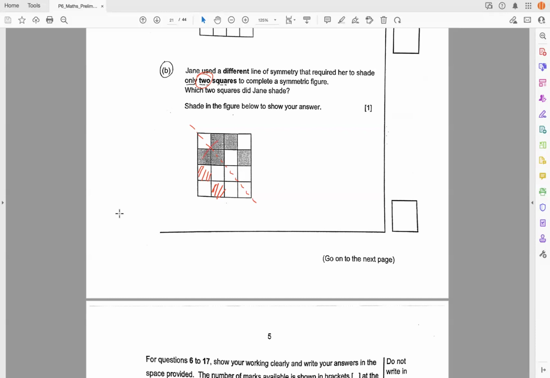The way I check is like that. You draw a perpendicular line to the line of symmetry, you can check. There must be opposite shaded squares across the dotted symmetry line. So this is how I check. Sometimes your eyes can fool you. After you shade, you think it's symmetry, but it's actually not. So double check.